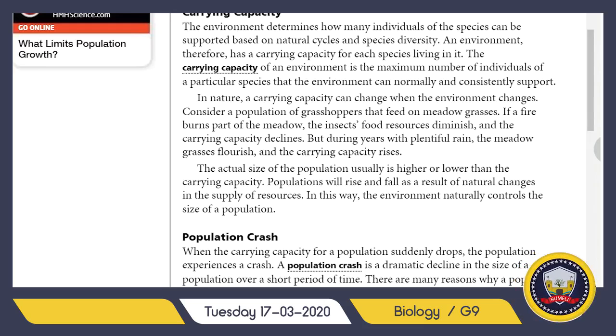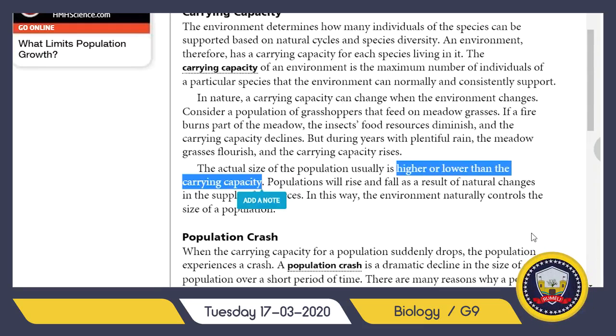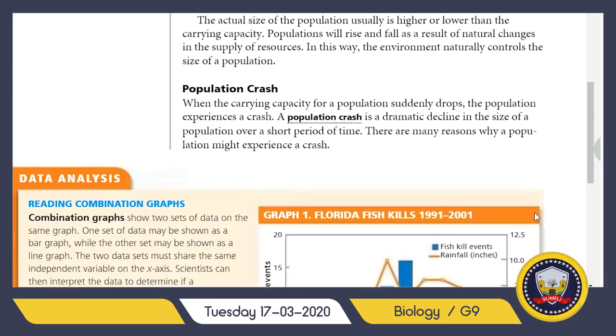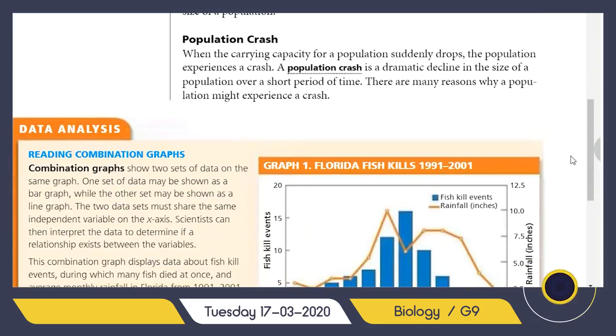So the actual size of the population usually is higher or lower than the carrying capacity. So populations will rise and fall according to the environment resources. Okay. Now, if this happens, we will face population crash.